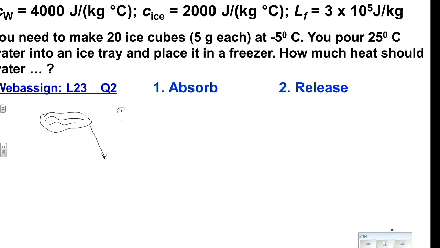Because there is no water below zero. At zero, it starts freezing. So, and this is what we want to end up having: solid water, or we call it ice. So there must be a phase transition period. The temperature doesn't change anymore. And then the temperature goes down to -5. And this is a phase transition temperature, special temperature.